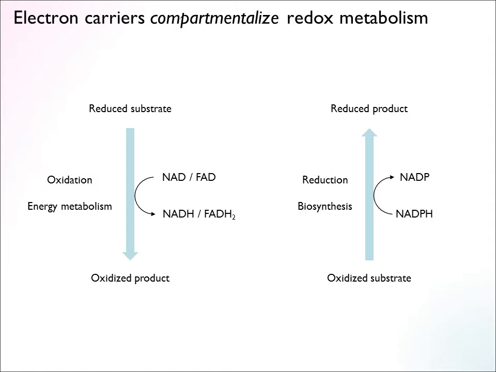At least all animal cells. If you're a plant, you have other options. But all human cells that we consider have to do this. And at the same time, they usually want to synthesize something. So we always have oxidation and reduction occurring at the same time. And these different carriers help to separate the processes so that the cell can control these things independently. So that's an important theme in redox metabolism.